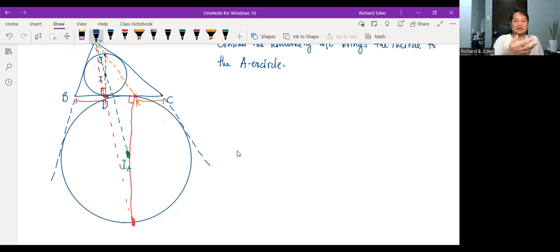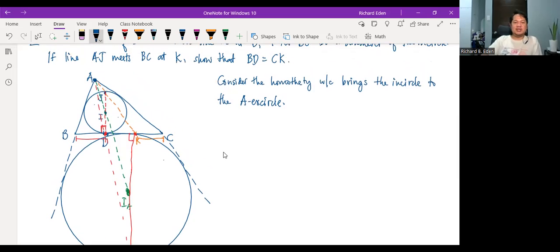So in the end, naka-tie up pa rin yun, the fact that I sub A, background information, I sub A is the intersection of the external bisectors at B and C. Okay, but then other than that, kunwari you're given A, B, and C, can we construct nung X center without drawing external bisectors? It turns out, oo, pwede na.